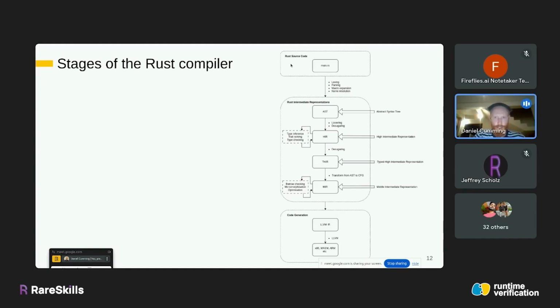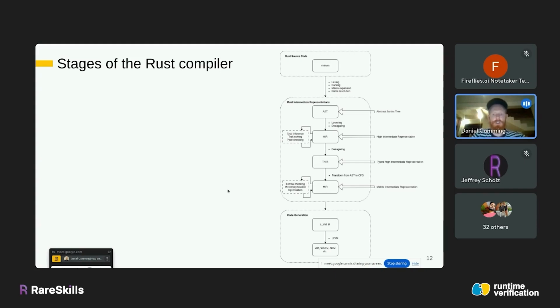There's the Rust source code level, there's the Rust intermediate representation level, and finally we have code generation. And so each one of these inner boxes is a different representation of the code on that way. And some of these dot points are different things that we have to do to the code to get it into the format that we would like. And there's different rounds of analysis here in order to make sure that the code is well formed and conforming to what it is that that language promises to do.